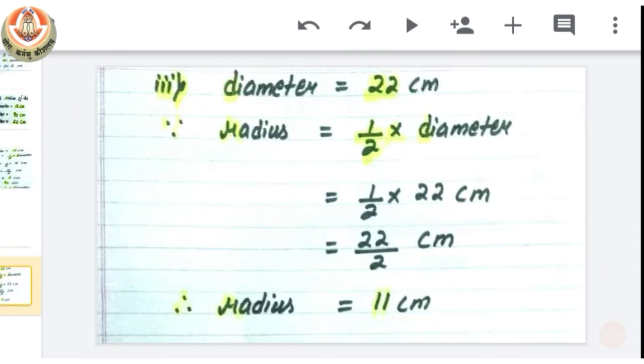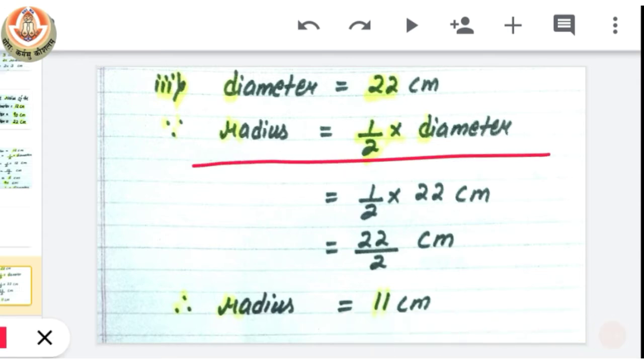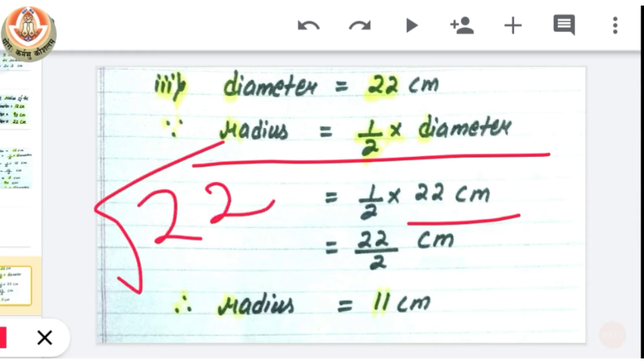Now we will see one more example of the same question type. Here the diameter is 22 centimeter. When we place it in this formula, we get half multiplying with 22, which means we have to divide 22 by 2 to get the value of radius. We all know that when we divide 22 by 2, we get 11 as our answer.